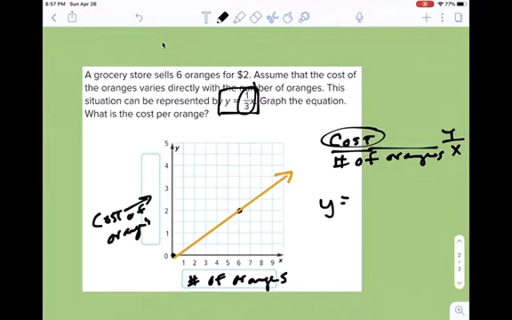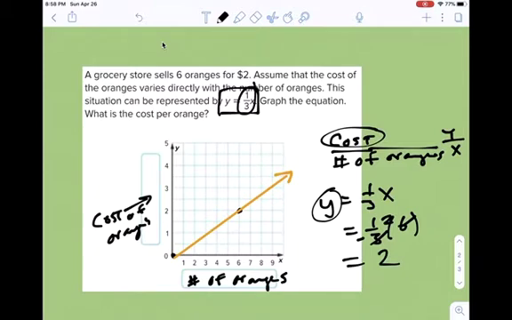With y equals 1/3 x, the number of oranges I put in, I multiply by 1/3, and I get the total cost. That works because if you put 6 in, it's supposed to be $2, and 1/3 times 6 gives me 2, because 6 divided by 3 is 2.